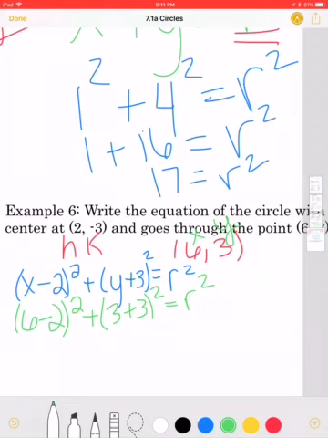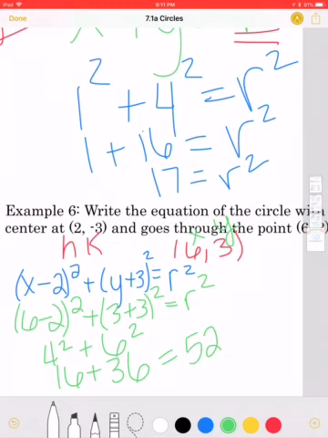So 6 minus 2 is 4, 4 squared plus 6 squared. So 4 squared is 16, 6 squared is 36, and 16 plus 36 will be 52. So r squared equals 52.